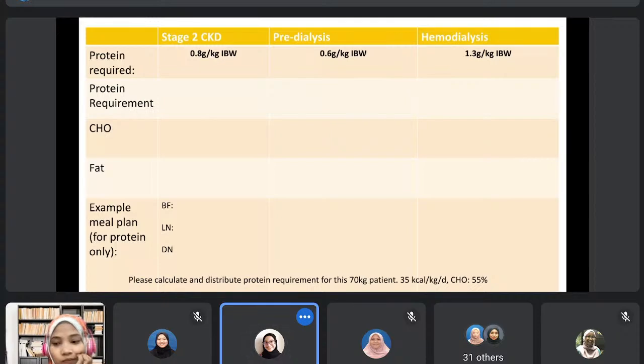Ha? 4? Sekejap. Mana boleh 4%? Sekejap, doktor, saya cuba kira. Bukan fat 20 to 35 ke? Macam mana boleh 36 ni? Penting lah. 38%. 38%. Yang lain sama?